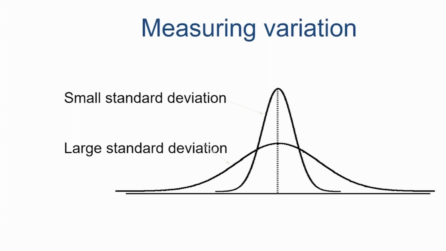So, small standard deviation and large standard deviation: with small standard deviation, the data will be more around the mean. Large does not mean large in size. Large means deviations or spread, the measure of variability, the spread around the mean is more; that is large standard deviation.